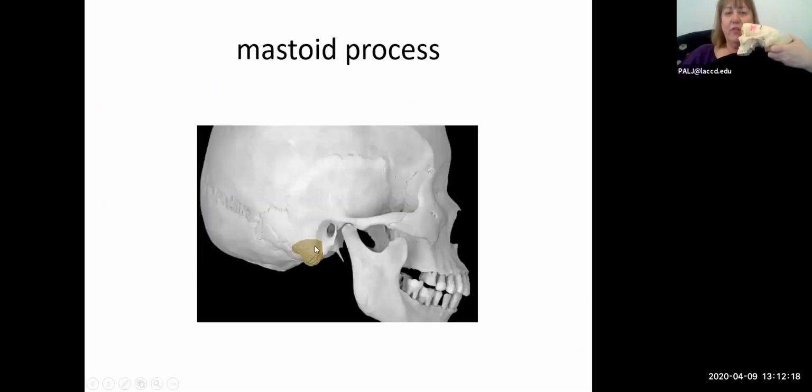And that is called the mastoid process. So the mastoid process is something you actually can feel. So your ear hole, go behind your ear and go below. So right about where the lobe of your ear is, right behind that, you can feel that bony protuberance, and that's your mastoid process.